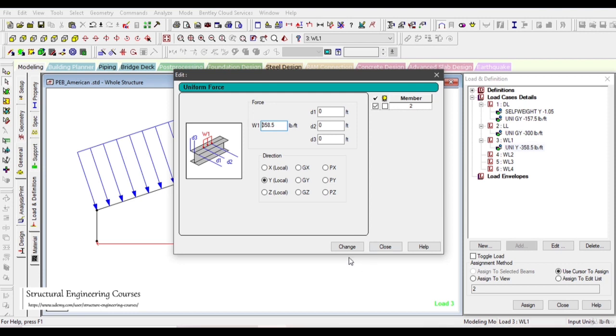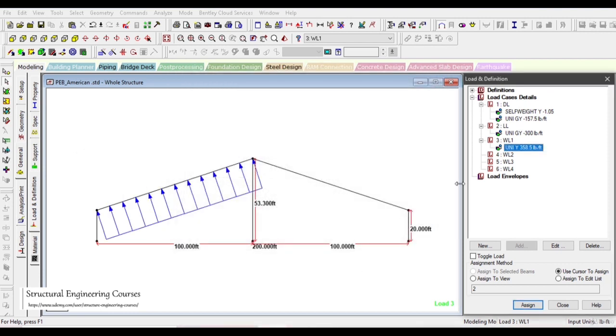We need to make it away from the structure, and this loading always acts perpendicular to the direction of the member, so that is why we had considered local Y instead of global Y.